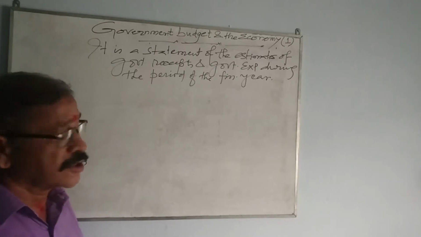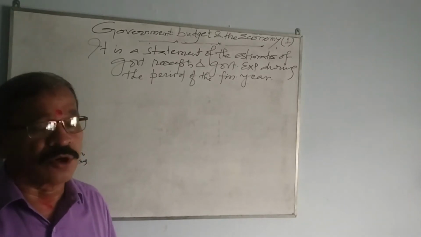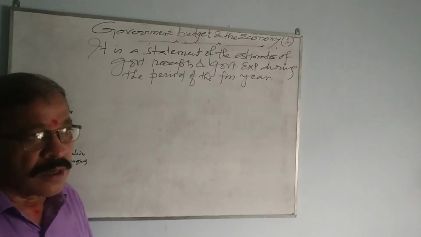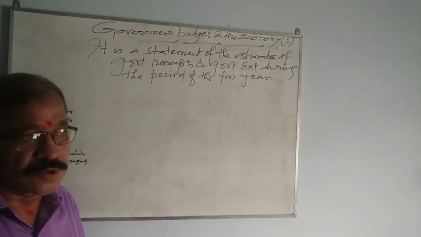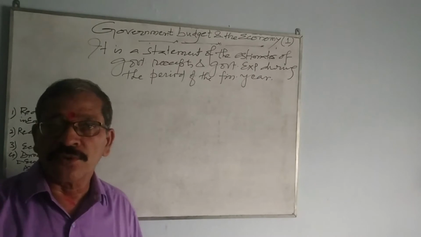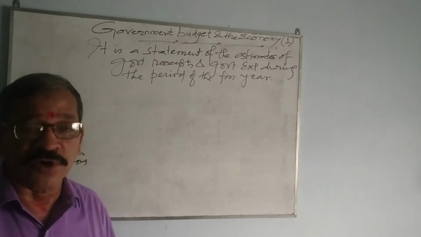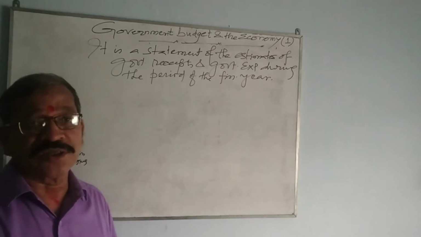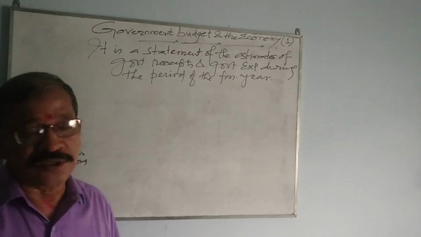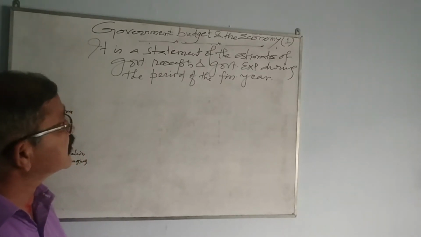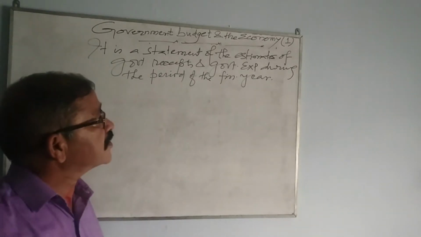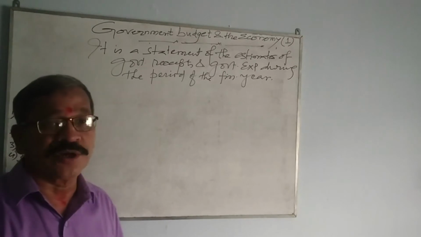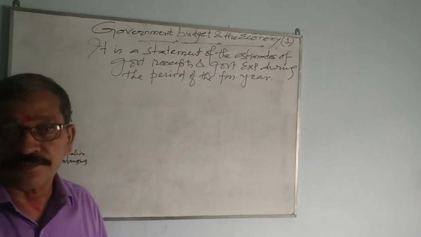Coming back to today's topic, it is the government budget and the economy. So first, let us know what is budget or what is government budget. See, budget is a statement of the estimates of government receipts and government expenditure during the period of a financial year.